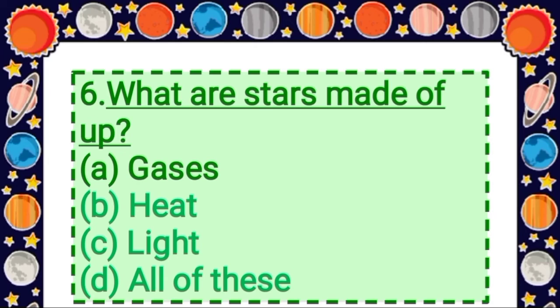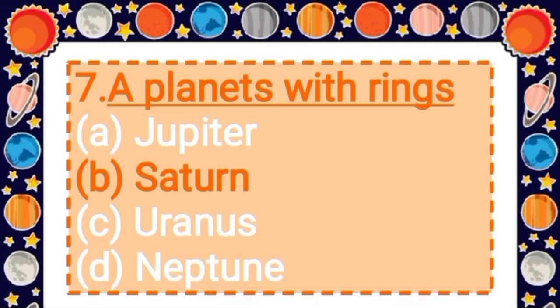Option B, heat. Option C, light. Option D, all of these. So answer is option A, gases, means stars are made up of gases.